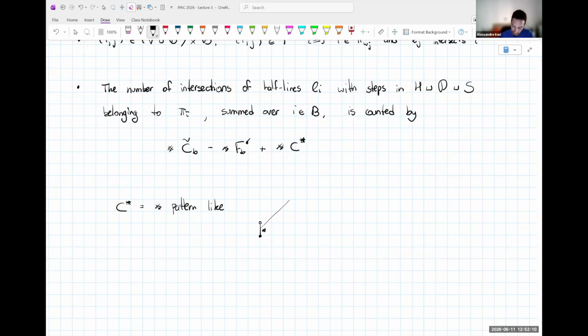And this is crossing either some horizontal step, or, sorry, we have the projection of the left endpoint of either a horizontal step or another decorated south step.